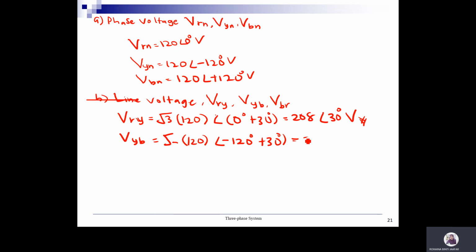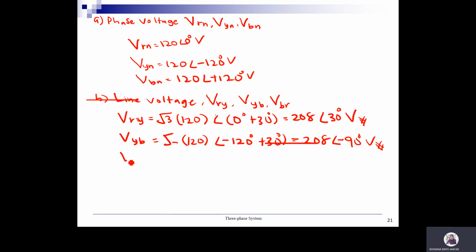You will get 208 with an angle of minus 90 degree volt.